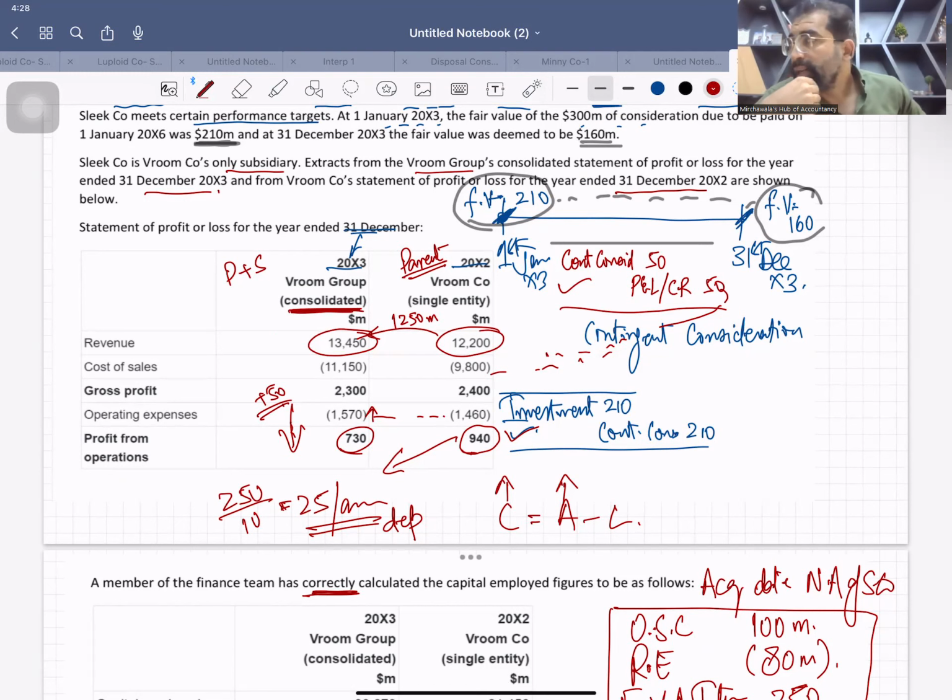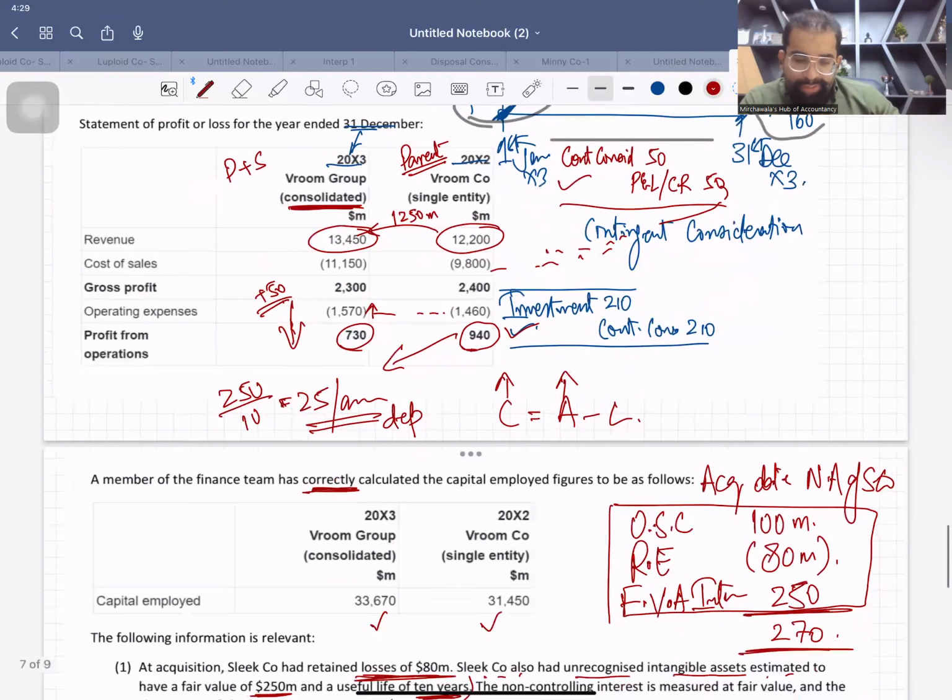So one of the reasons, this we have to discuss in commentary, one of the reasons for the decrease in profits in the consolidated books is this excess depreciation of fair value adjustment.